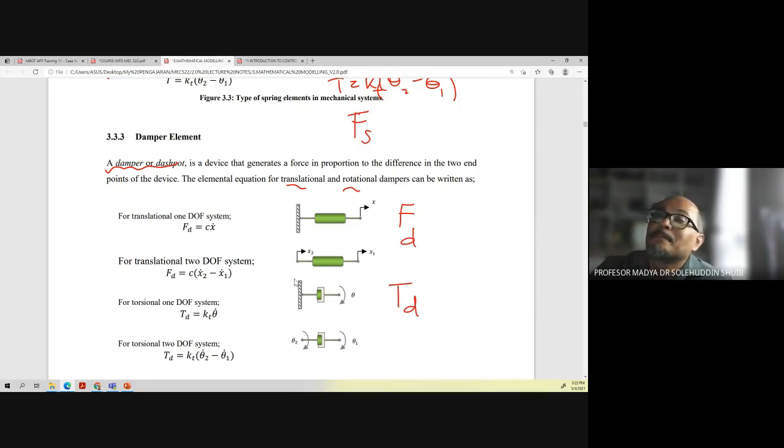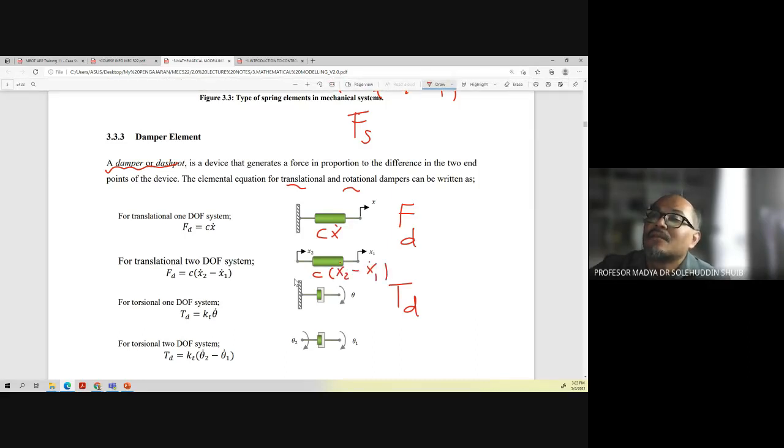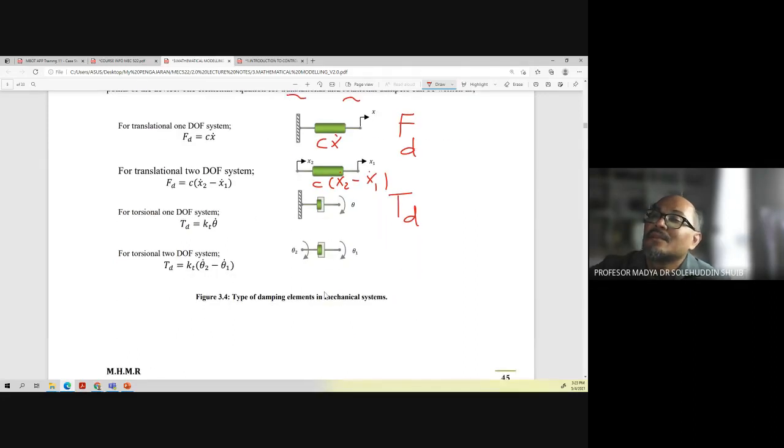The force damper. So we can write in this form, which is C x dot. Okay. So kalau 2 degree of freedom, we can write C times x2 dot minus x1 dot. For the case of torsion, you can have torsion, and then theta dot.